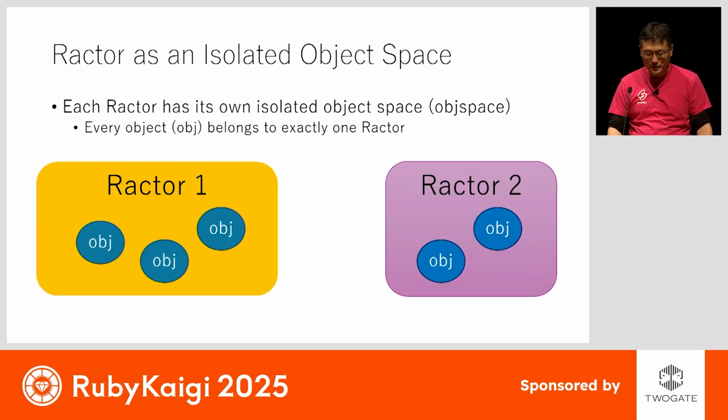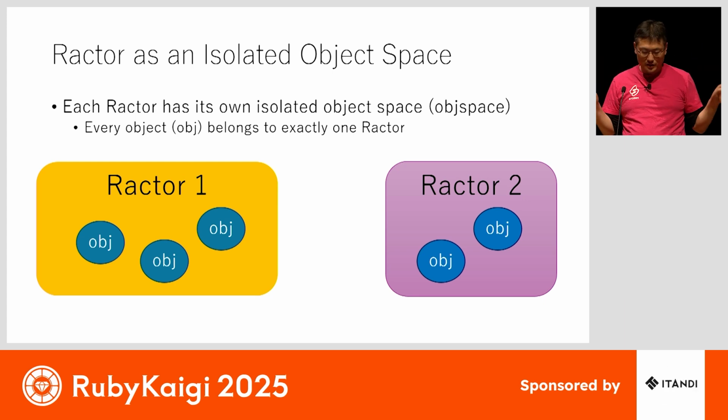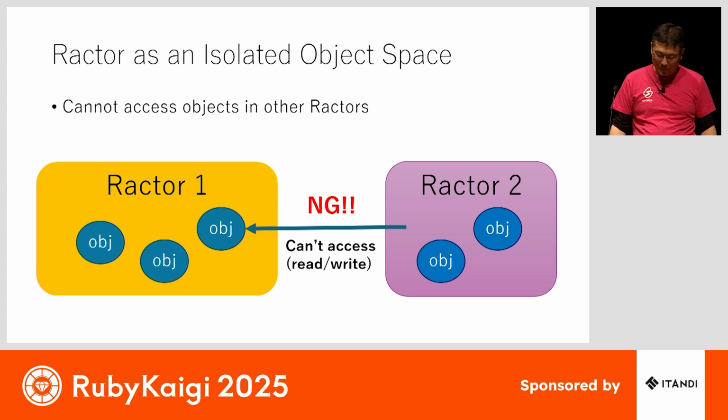Each Ractor in Ruby has its own isolated object space logically. That means that every object belongs to exactly one Ractor, and it cannot be accessed directly from other Ractors, basically. So here is a very important rule about Ractors: you cannot access objects in other Ractors.